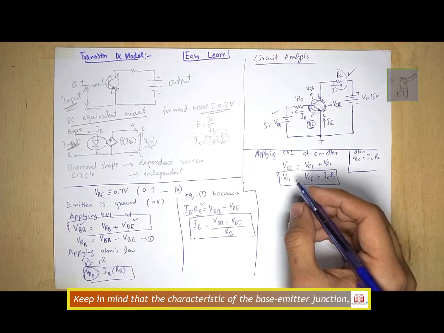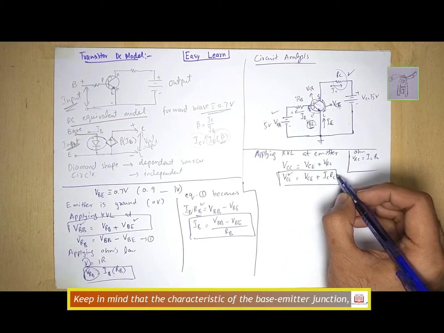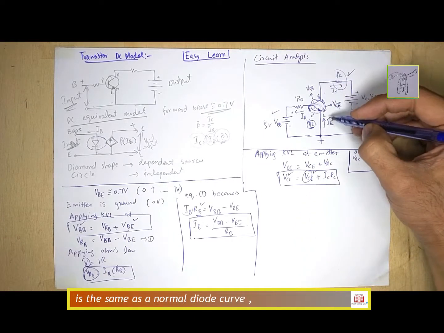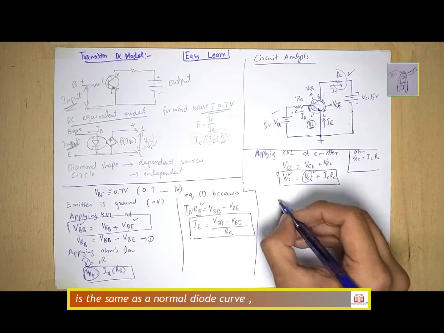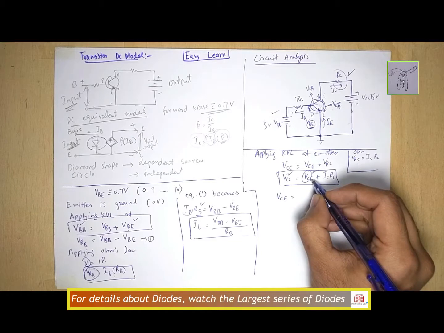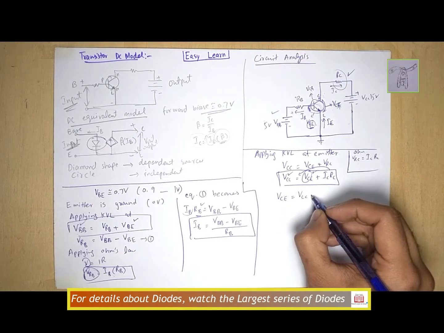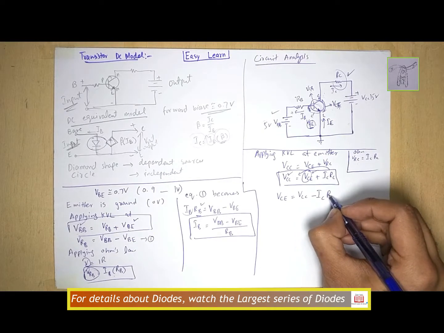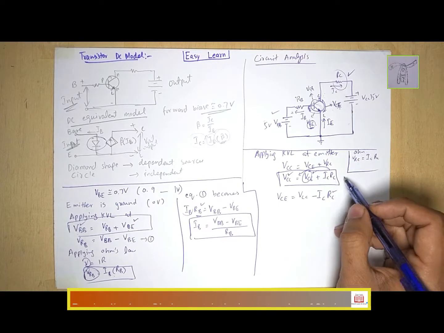Now in this equation, if VCC is known and we want to calculate VCE, the voltage across C and E, the voltage at point C with respect to emitter is equal to VCC. We take this IC RC to the other side and it becomes negative IC RC. RC is also known, the resistance value here.